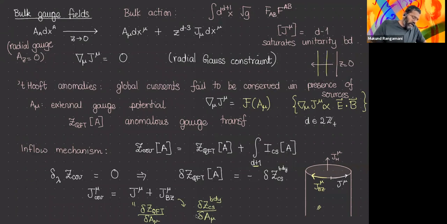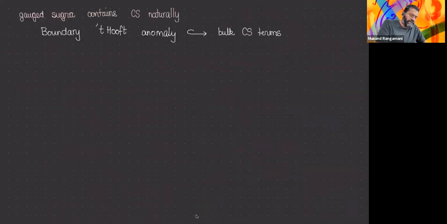Now, rather remarkably, for consistency, you need such Chern-Simons terms in the bulk because the currents in typical field theories that we encounter can have 't Hooft anomalies that we can compute by computing standard, let's say, triangle diagrams in 4 dimensions. And these terms are there in gauge supergravity.